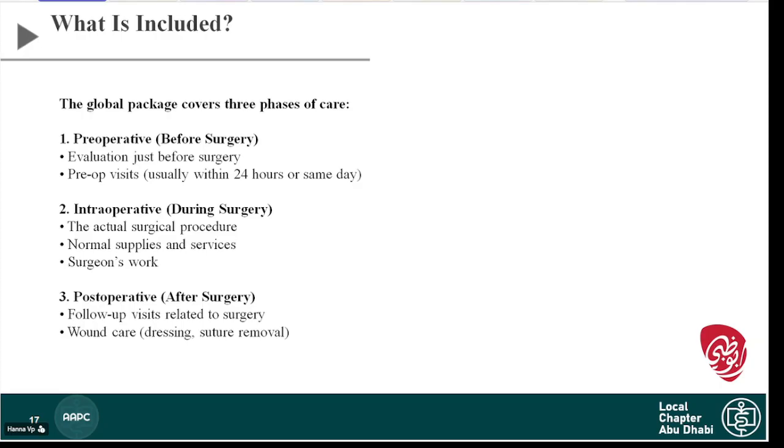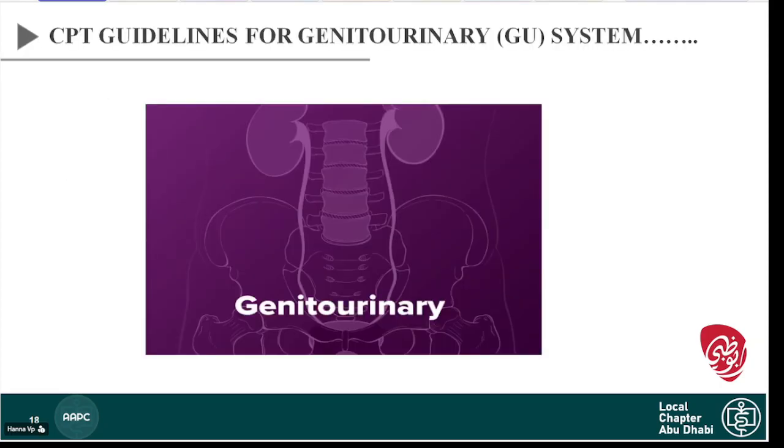Hope you understood. Now we are moving to the CPT guideline for the genitourinary system. First of all, the surgery approach I told you, because this is the main key component once you take a code from the genitourinary system: open or closed, you want to check, and the guideline that we discussed. Now let's see what the CPT guidelines related to the genitourinary coding system are.